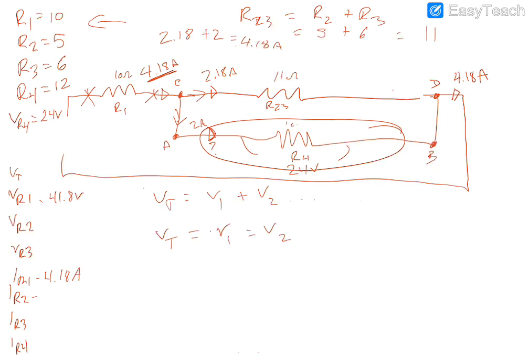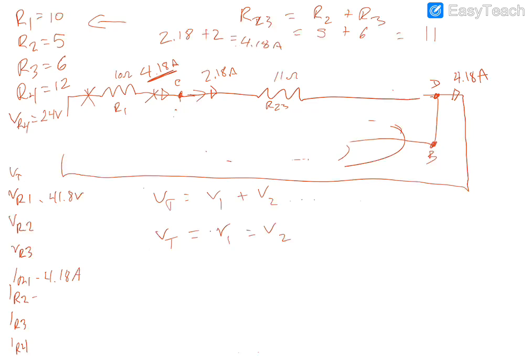So we could collapse this down one more step, and then acknowledge that we have 24 volts here and 41.8 volts here.